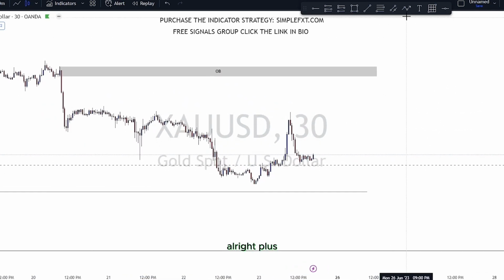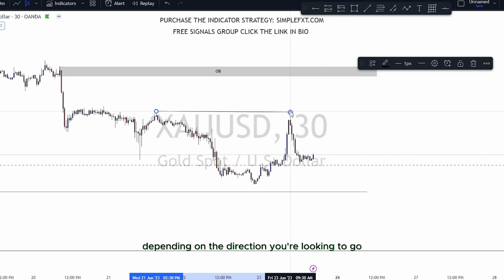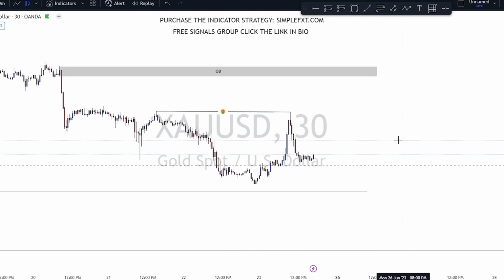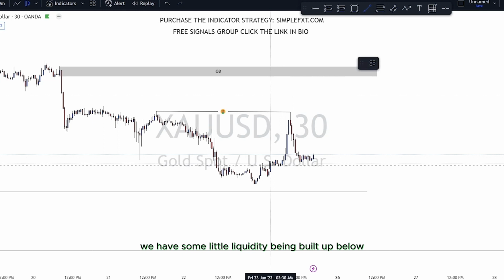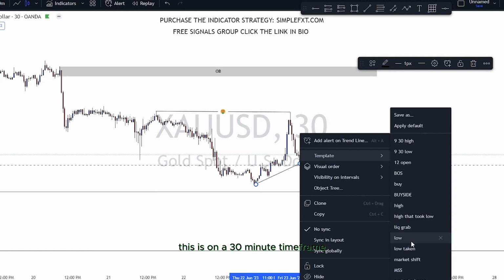Plus, the greatest thing is to identify liquidity that's resting below or above the order block, depending on the direction you're looking to go. Right here we have some very nice equal highs, and we have some little liquidity being built up below right here. Remember, this is on a 30-minute time frame.